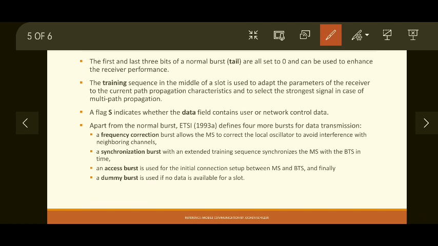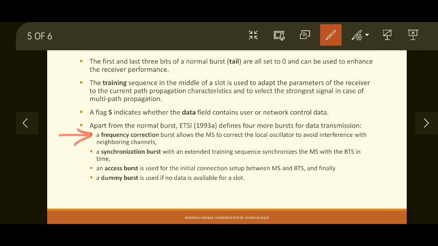Frequency correction burst. This format is used for allowing the mobile station to correct the local oscillator frequency and avoid interference with neighboring channels. As we know, each channel has a dedicated frequency, so the mobile station should tune to that frequency.